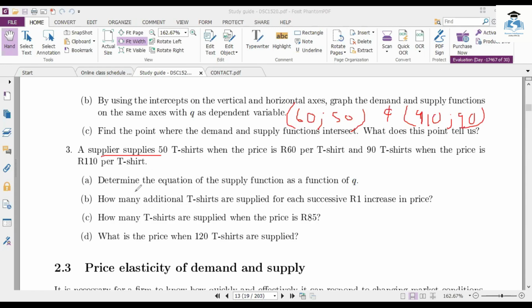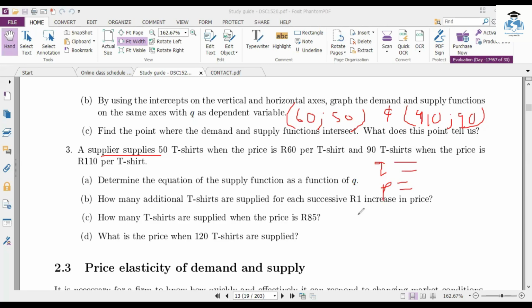So it's saying determine the equation of the supply function as a function of Q. The first thing you need to ask yourself is which determines which. Are we going to write our equation as Q equals or as P equals? From the given scenario, I think it will be Q equals.